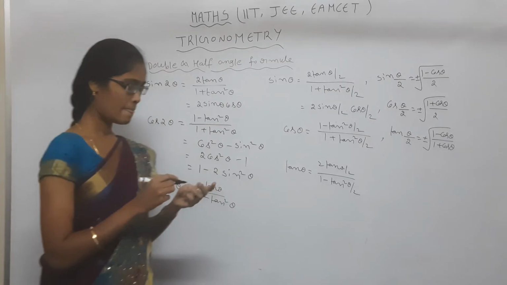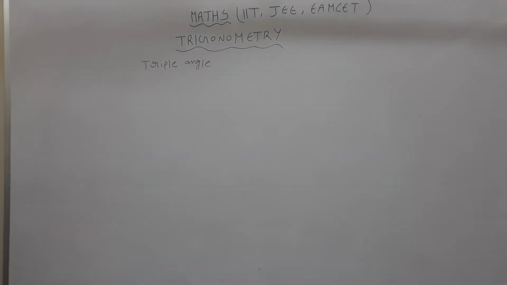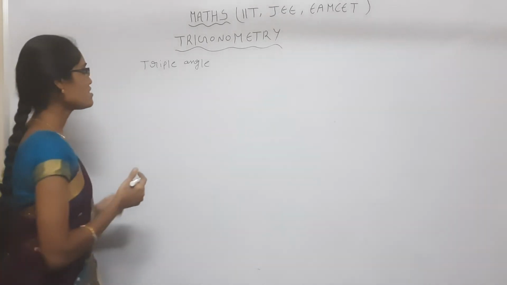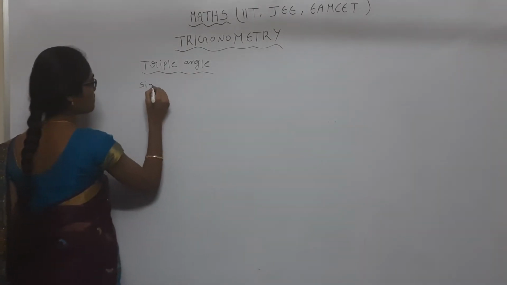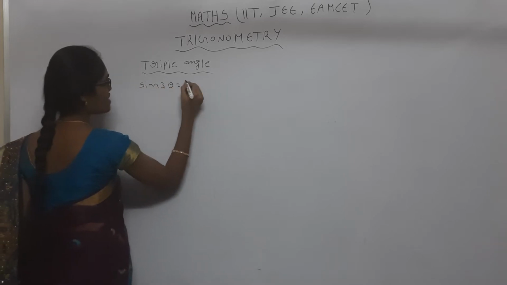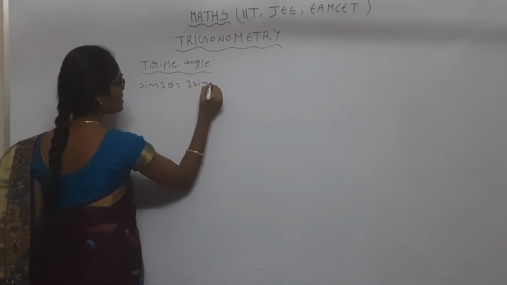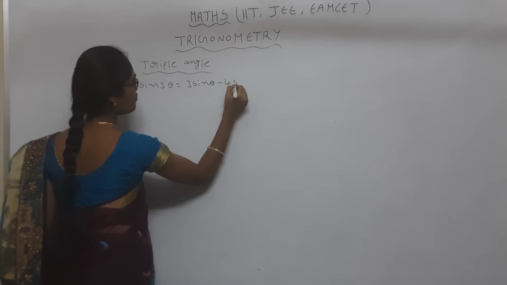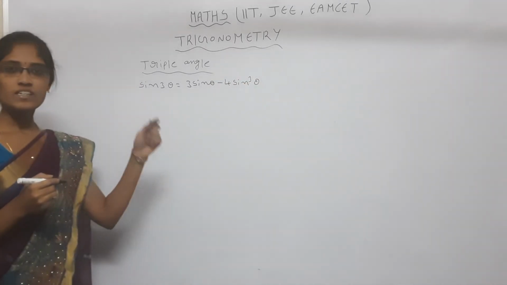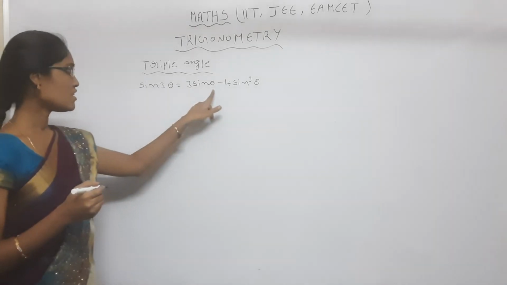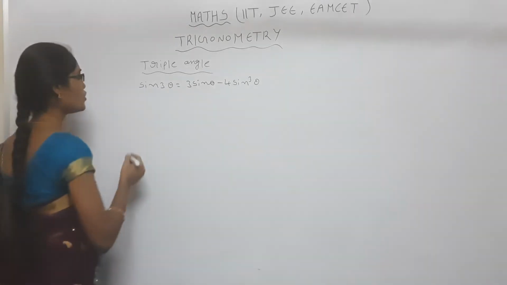Next, triple angle formulas. Sin 3 theta is equal to 3 sin theta minus 4 sin cube theta.